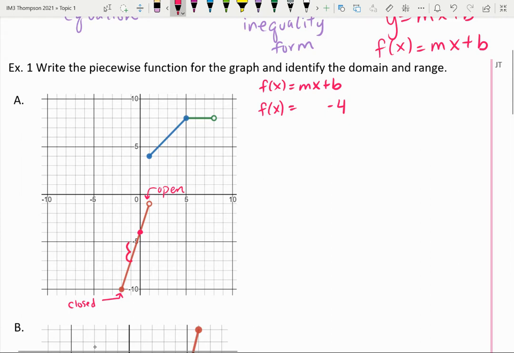So if I count, I go up 1, 2, 3, and then over 1. 3 over 1 just gives me a slope of 3.